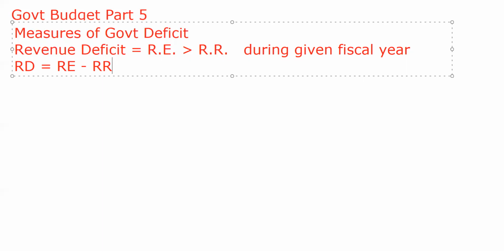Revenue deficit means that the government's own revenue is not sufficient to meet the expenditure on the normal functioning of government departments and the provisions for the various services. It means the government is not capable to meet the expenditures in the economy with the existing revenue. So this is known as the revenue deficit.